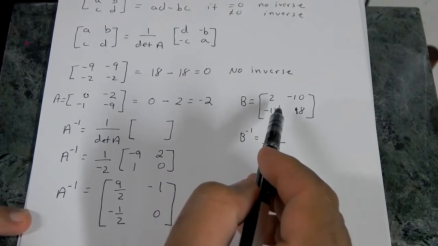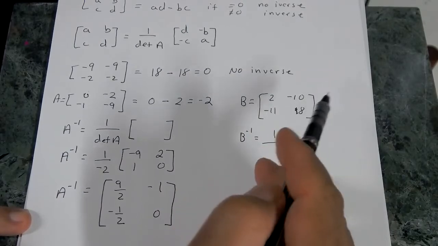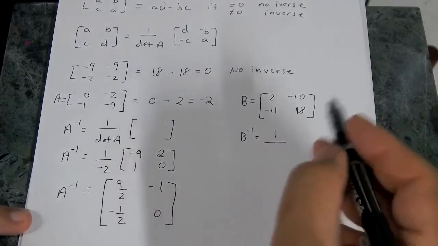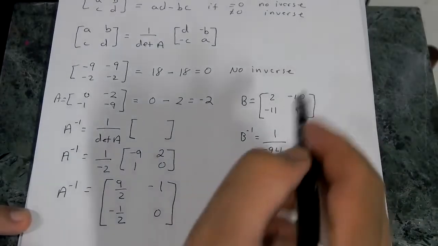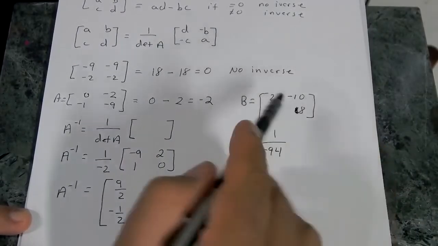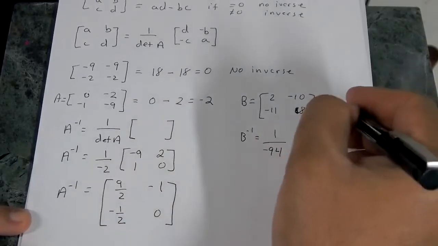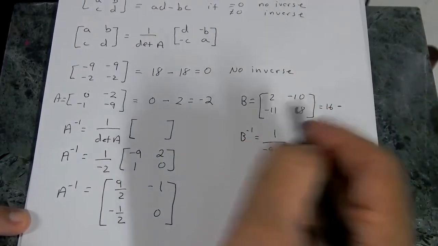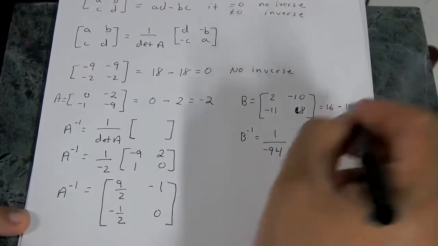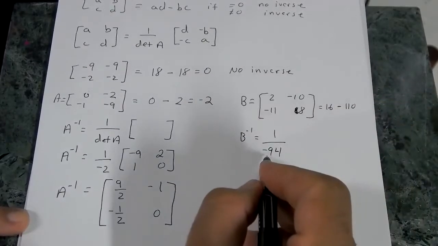Let me do it again. Remember, this is an 8. 2 times 8 is 16. If you can't do it on the side, minus 10 times 11 is 110. 16 minus 110 is negative 94.